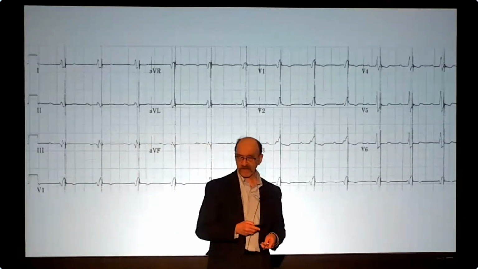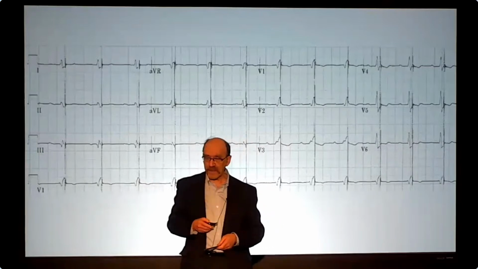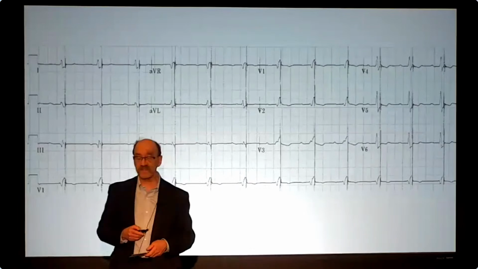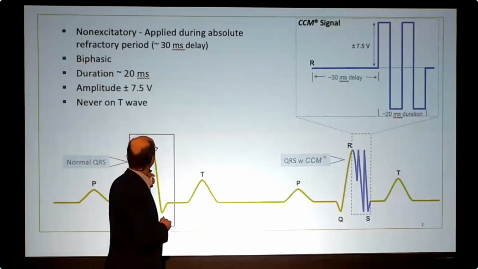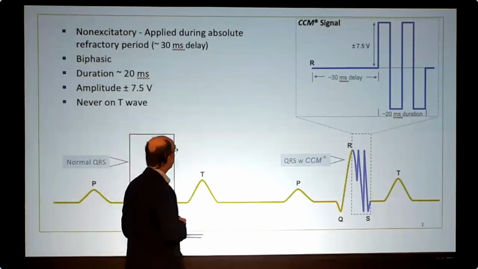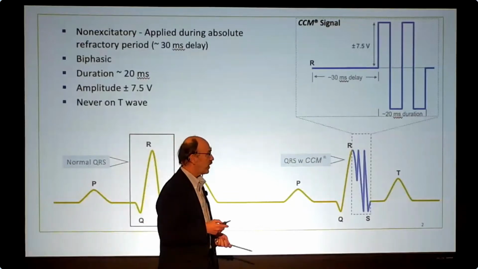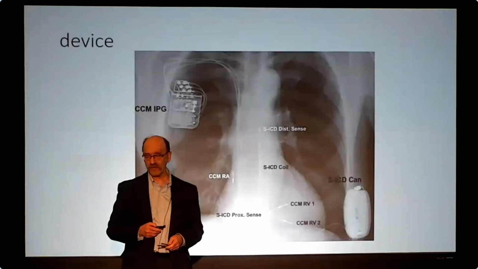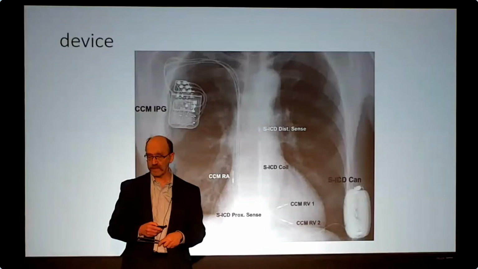That'd be the absolute refractory. And you see the pacing spike is a little bit wider than what you're used to. And this is an example of a pacing spike from the cardiac contractility modulator device. Duration's about 20 milliseconds. It's going to be in the QRS during the absolute refractory period, and that's a little bit what that would look like.